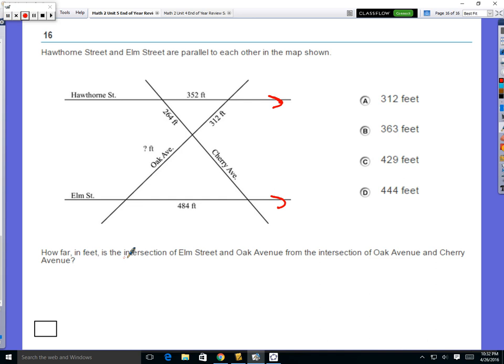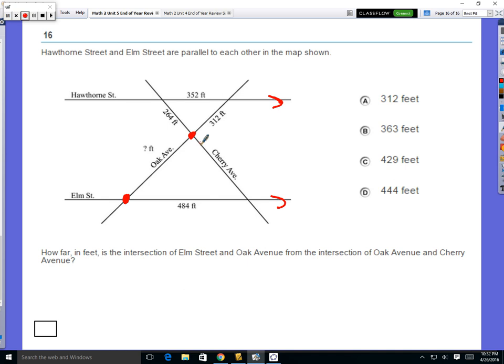How far in feet is the intersection of Elm and Oak from the intersection of Oak and Cherry? Oak and Cherry is right there. Okay. Alright, so this is going to use proportions.